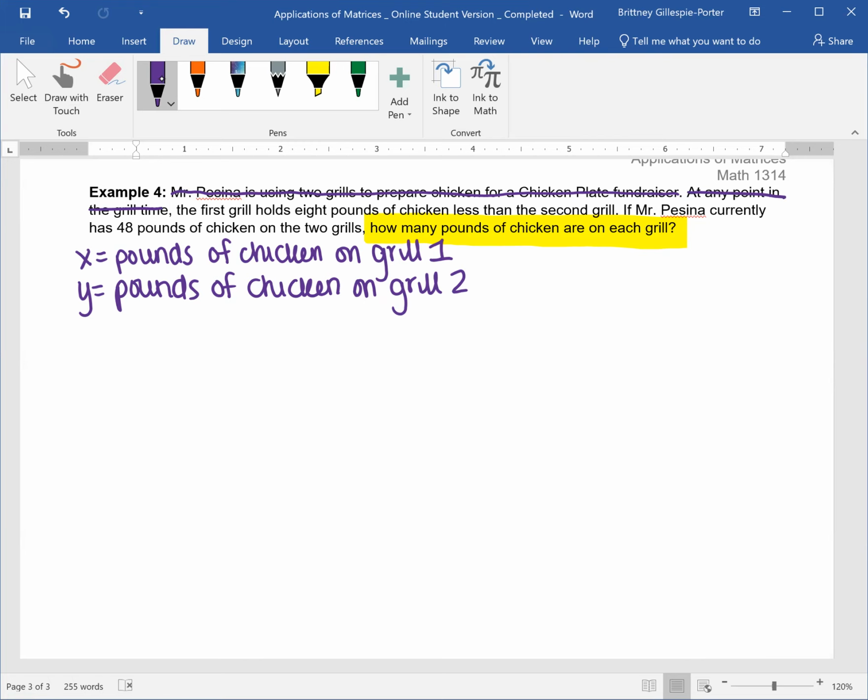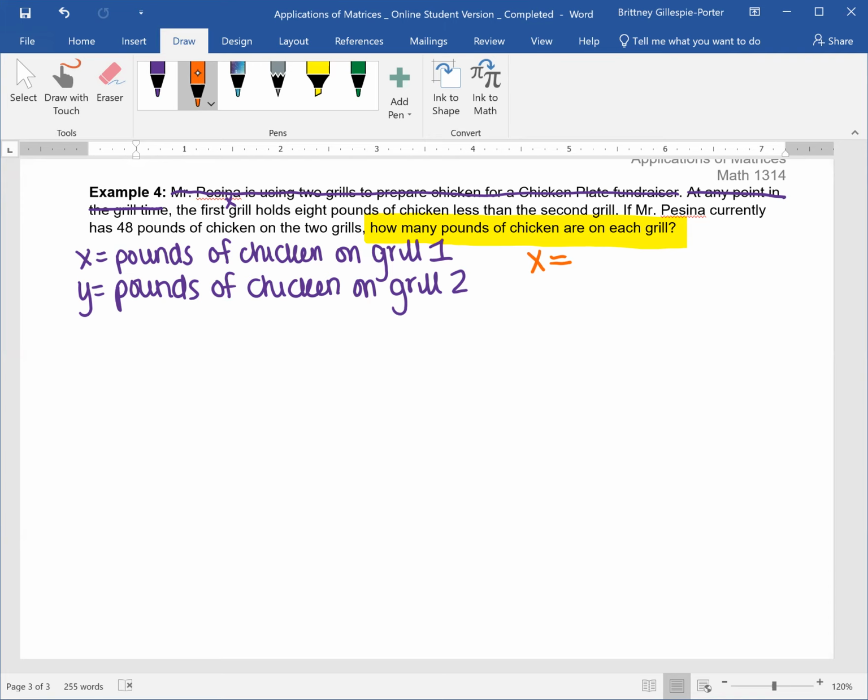The first grill or grill 1 was X. So we're going to have X holds, X has, X is. Whenever you have one of those verbs, that means equals. So we have the first grill, X, holds equals 8 pounds of chicken less than the second grill.